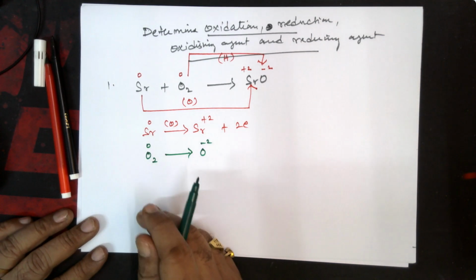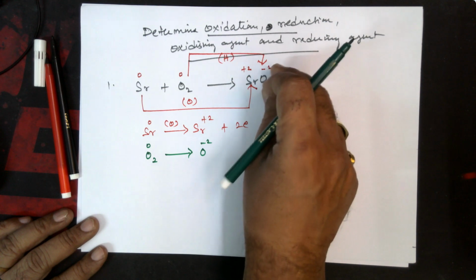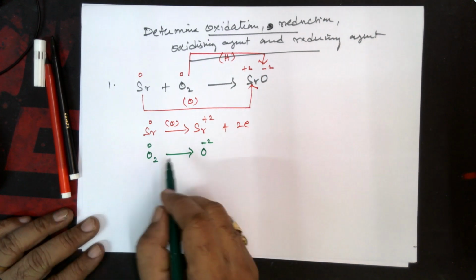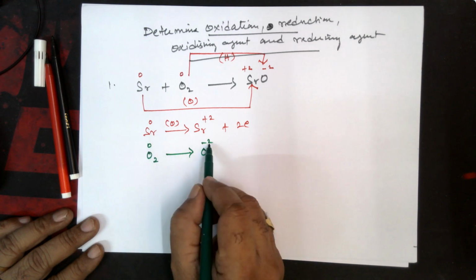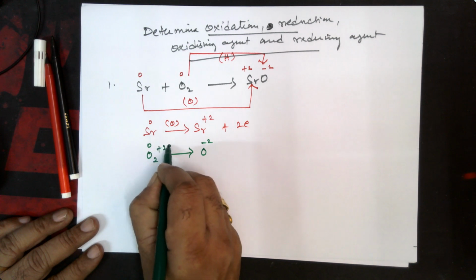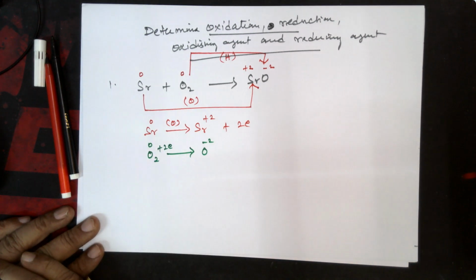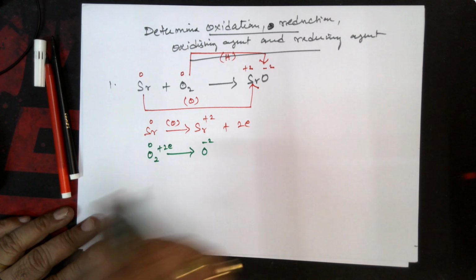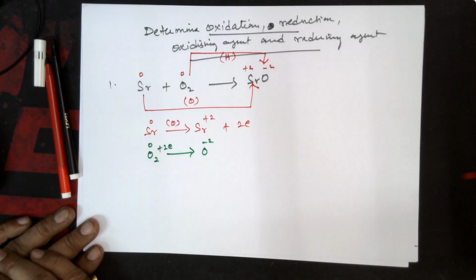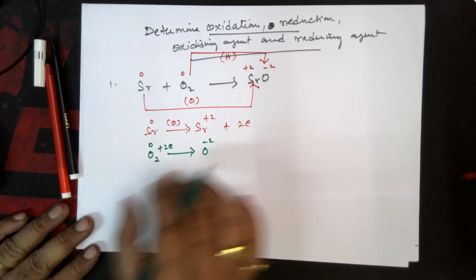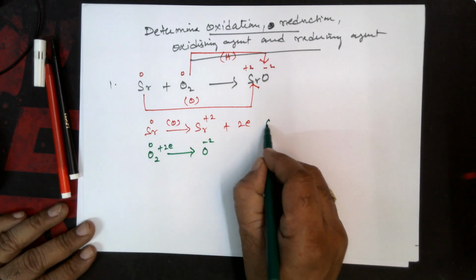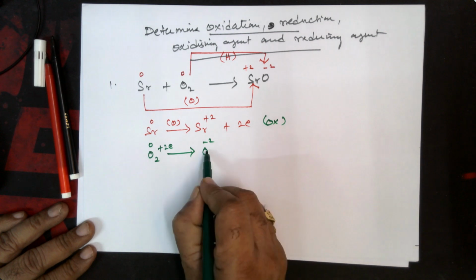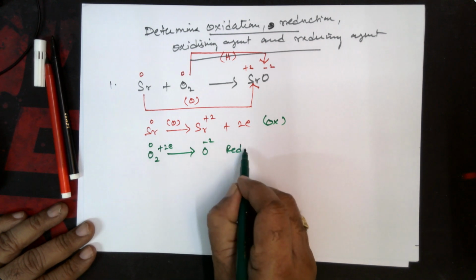Is it not? That is SrO. I am targeting only -2 in this case. So O2 becomes -2. It means a 0 has become -2 by adding 2 electrons. Am I right? By adding 2 electrons, and that's why it has become -2. Got this point? So now this has undergone oxidation and this has undergone reduction.